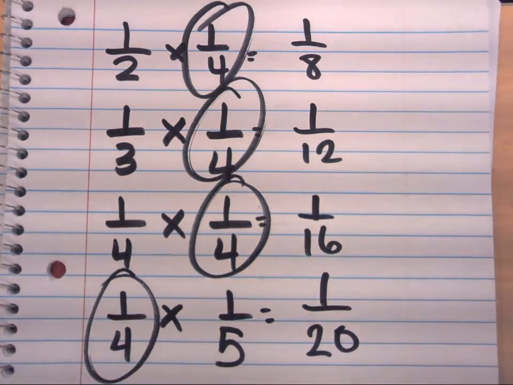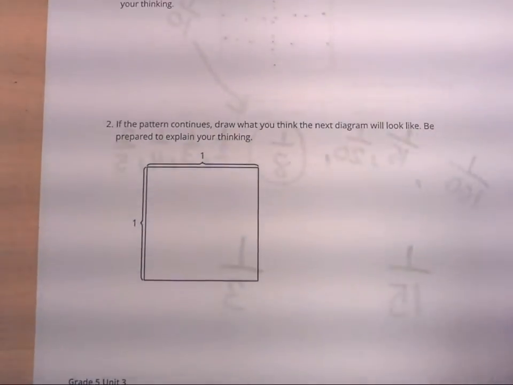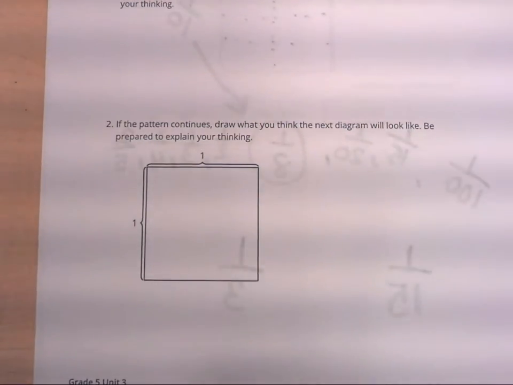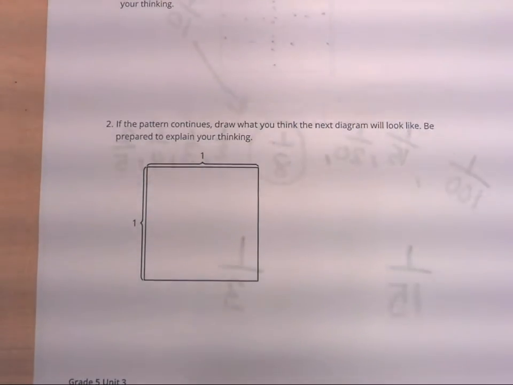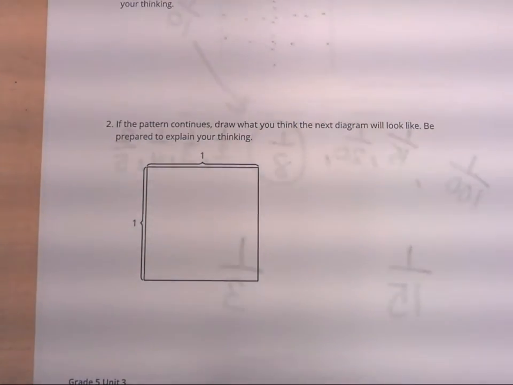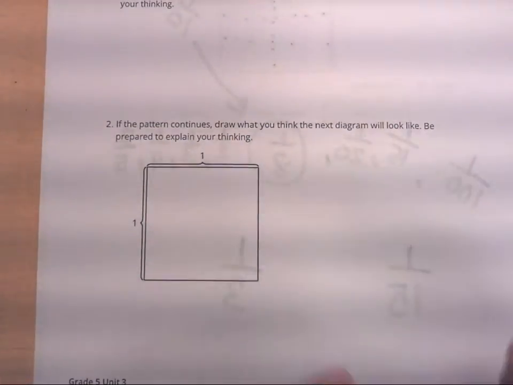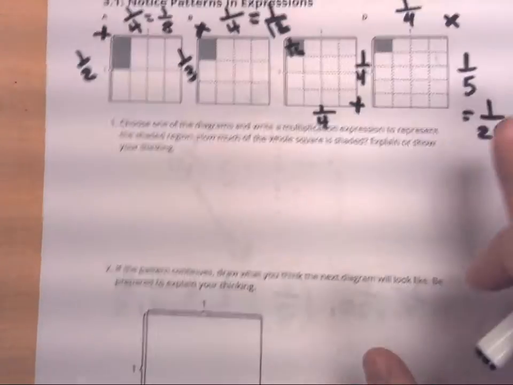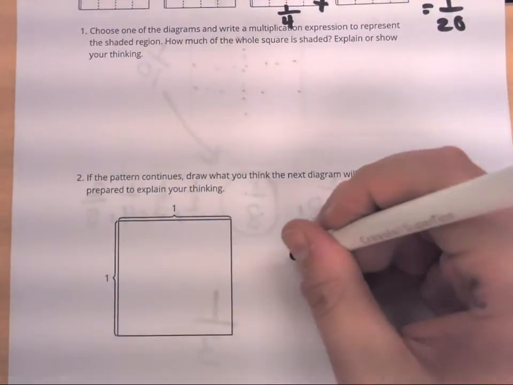But the best part of this activity was once they identified that pattern, then they were asked, if the pattern continues, draw what you think the next diagram will look like, and then be prepared to explain your thinking. Well, students thought, okay, for each diagram, one of the factors was 1/4. So we're going to assume that one of the factors for this diagram is 1/4.